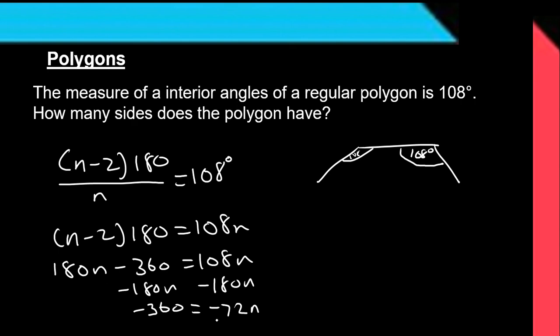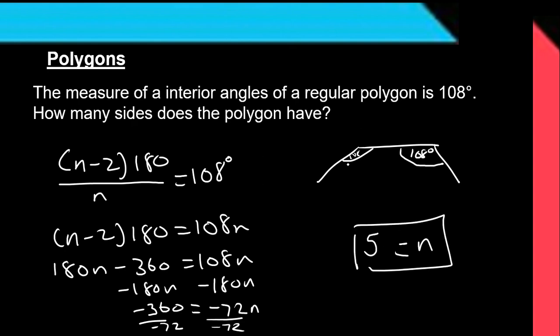And then we're just going to divide both sides by negative 72, and we are going to be left with n equals, so 360 divided by 72 is 5. So that means my regular polygon has 5 sides, so it's a pentagon. Okay, and that's how you can work out the number of sides in a polygon.